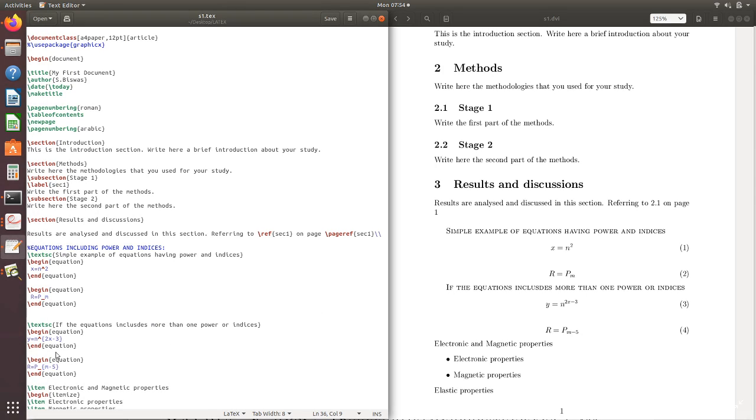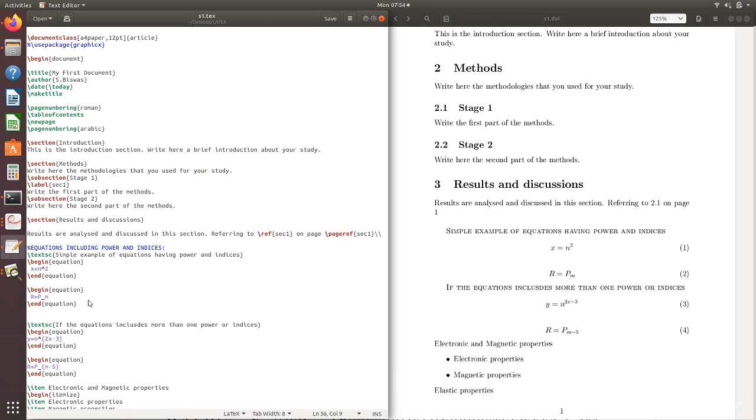And similarly in the case of indices, if the index contains more than one character, then you have to use a pair of curly brackets. That means r is equal to p underscore within curly brackets m minus 5 will produce r is equal to p m minus 5. So these are the examples of how to write powers or indices within an equation.